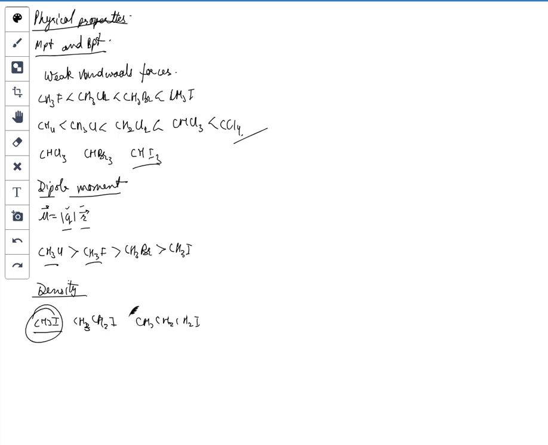As the carbon chain length increases, the density decreases because the average atomic mass decreases. Okay?